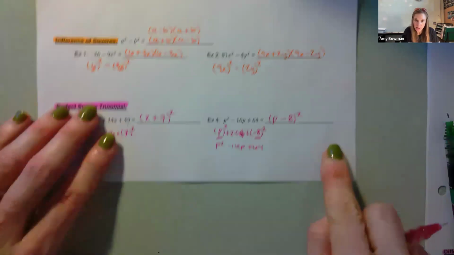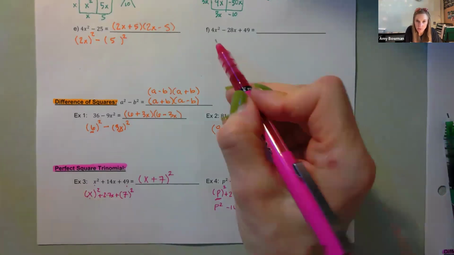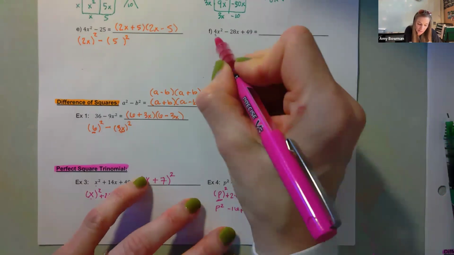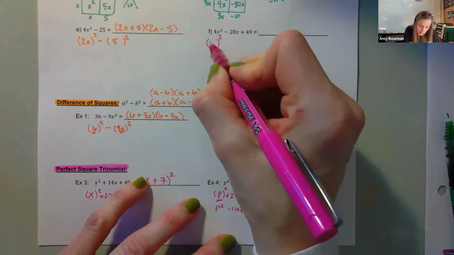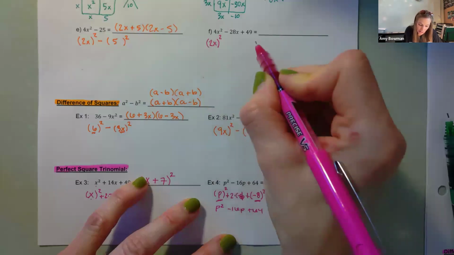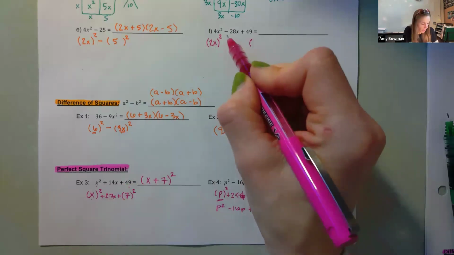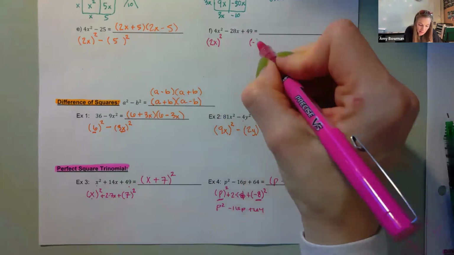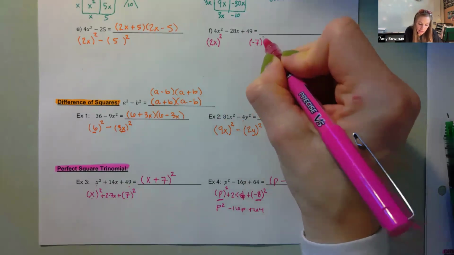And then this last one right here. So again, with the 3 terms, and you notice that first term is a perfect square, we're checking to see if the last term is a perfect square. 4x squared is a perfect square. You just need to be careful, because to get that, you would be squaring 2x. To get 49, we're squaring 7. However, we see that negative in front of the 28, and that is our sort of red flag that we should be squaring a negative number to get 49.